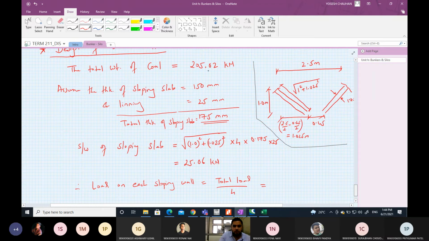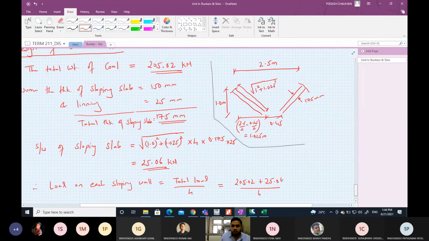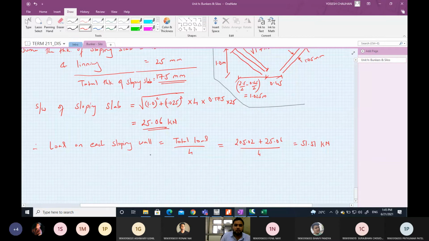So the total load is 205.02 plus the self weight of the sloping slab, that is 25.06, divided by 4. So that is 25.06 plus 205.02 divided by 4. That will give you 51.51 kilonewton. That is the load on each sloping wall.